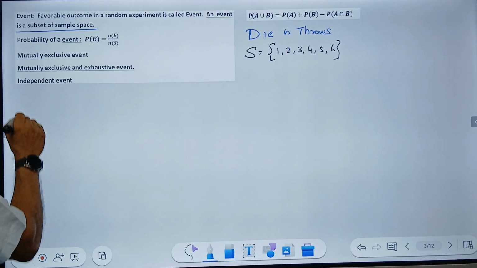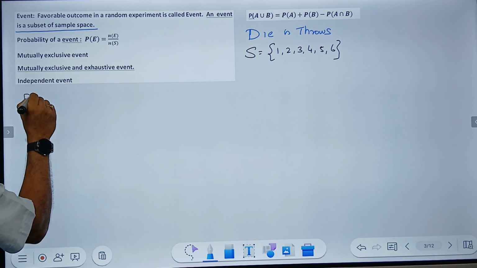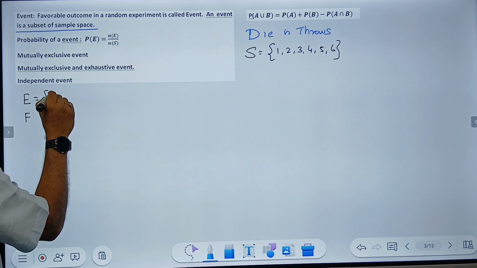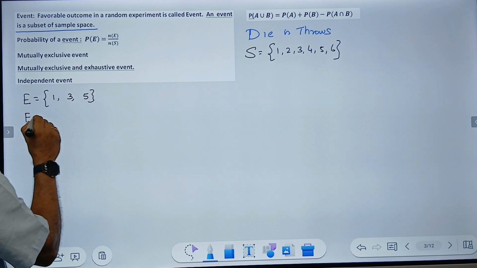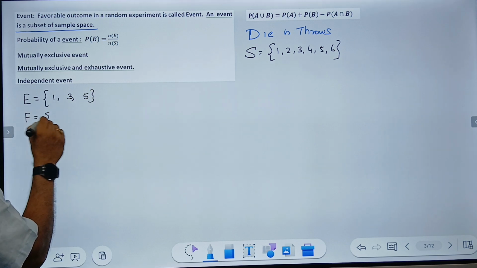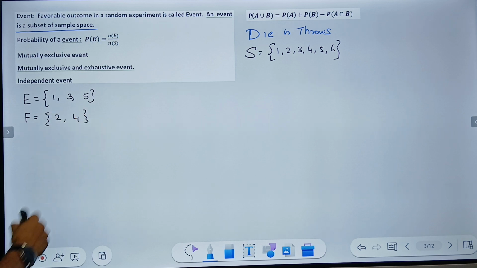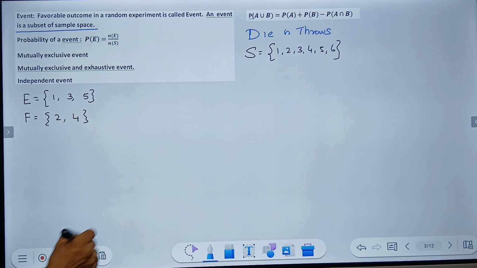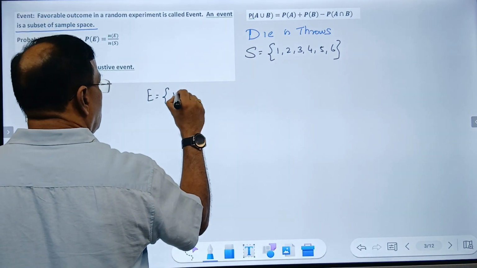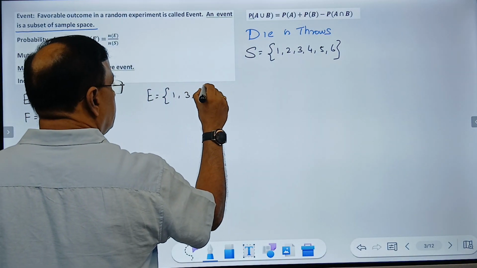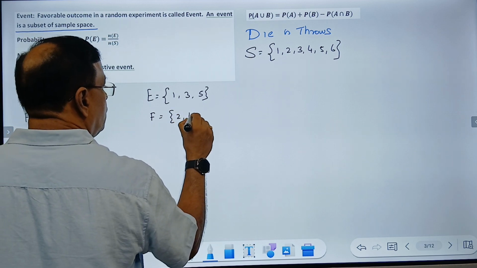Now I'm going to define two events, E and F. The first event is, say, 1, 3, 5. The next event is, for example, 2 and 4. This is one example. I'll take another example where I take E as 1, 3, 5 and F as 2, 4 and 6.